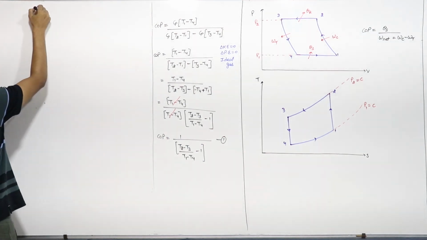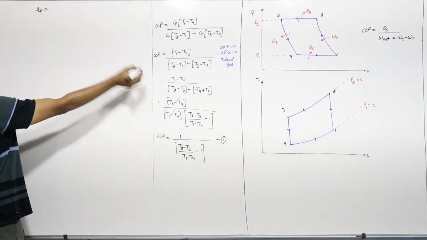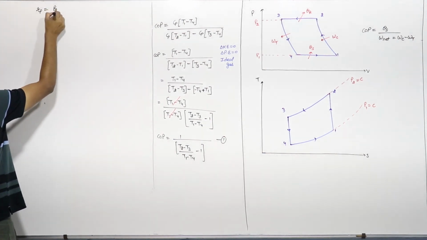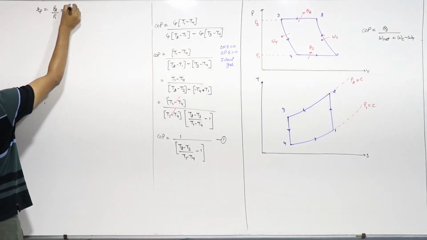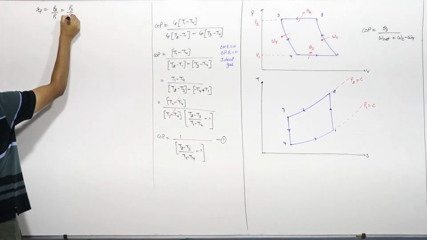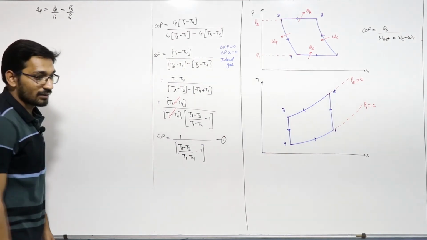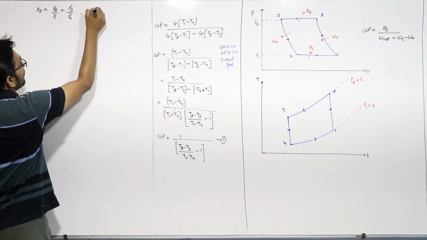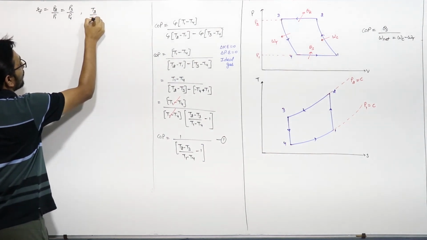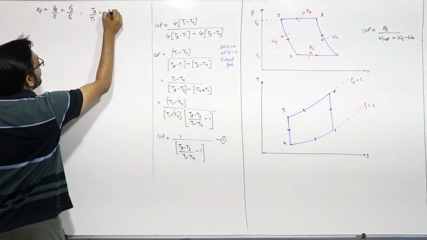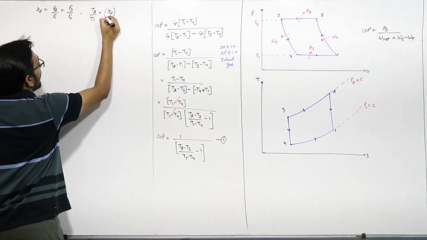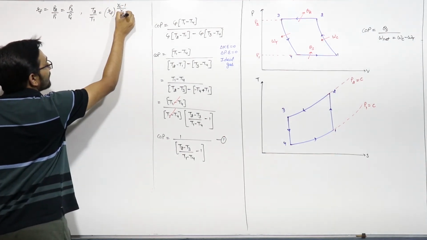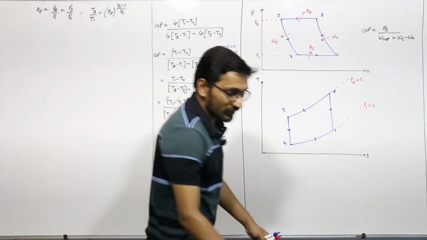We know that the pressure ratio will be equal to how much? P2 by P1 or P3 by P4? P2 by P1, this is the pressure ratio, or you can write this is equal to P3 by P4. And also we know that T2 by T1 is equal to the pressure ratio raised to power (gamma of compression minus 1) upon gamma of compression.